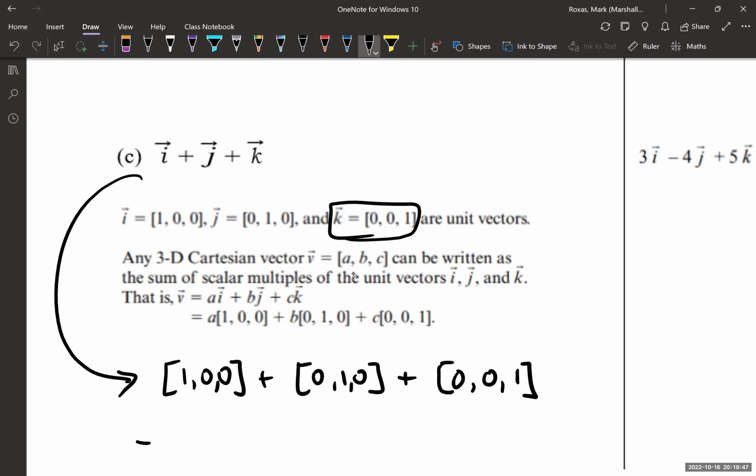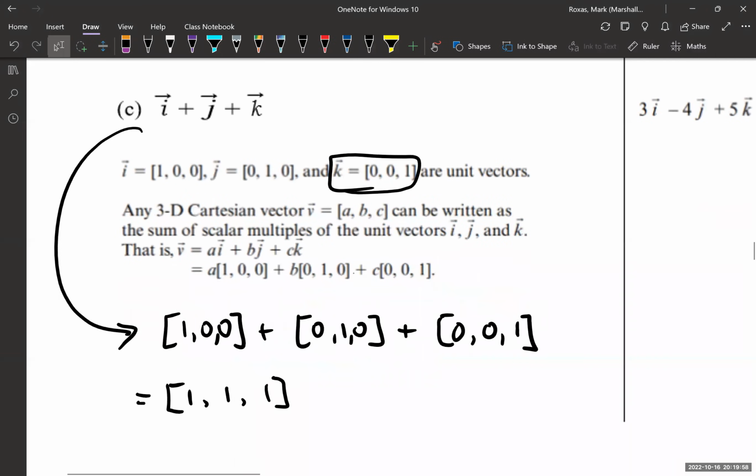So if you add all of their components together, the x components 1 plus 0 plus 0 is 1, 0 plus 1 plus 0 is 1, and 0 plus 0 plus 1 is 1. So 1, 1, 1 would be the 3D vector when you add those three together.